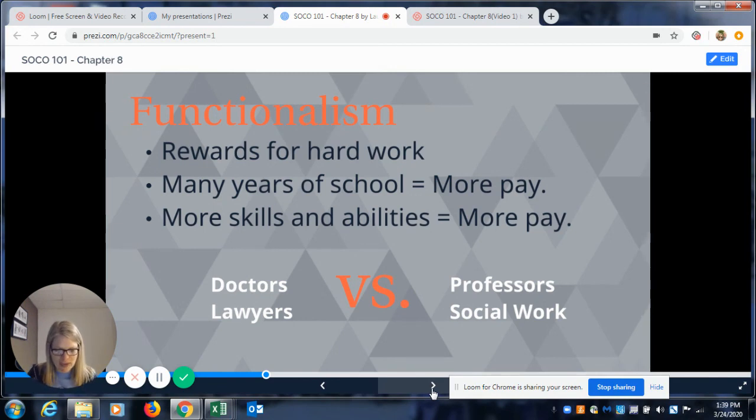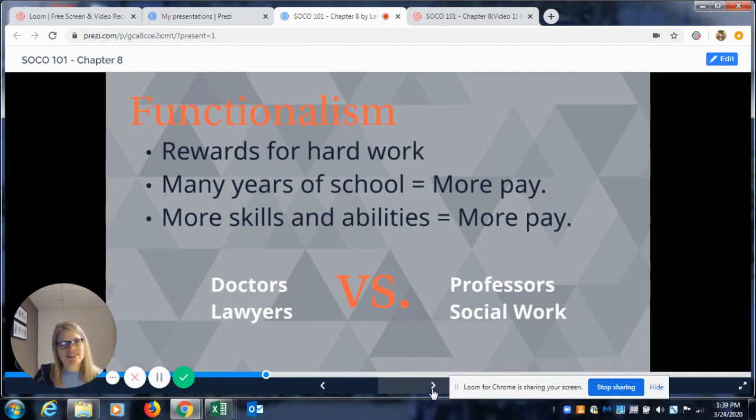I think it's very fascinating: on page 211 in your book, there's a yellow box that has different occupations and their prestige level, like how highly regarded or respectable the positions are. The most highly regarded are surgeon and lawyer. Again, those are very highly regarded positions. People have to go to school for a long time, and people make a lot of money in those positions.